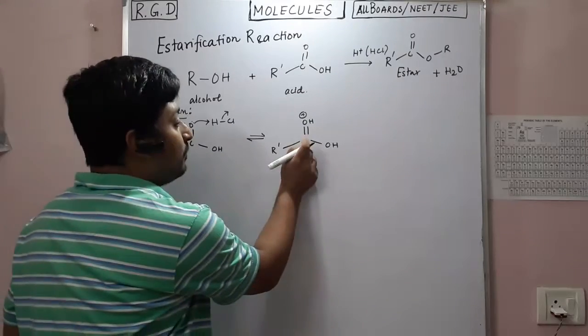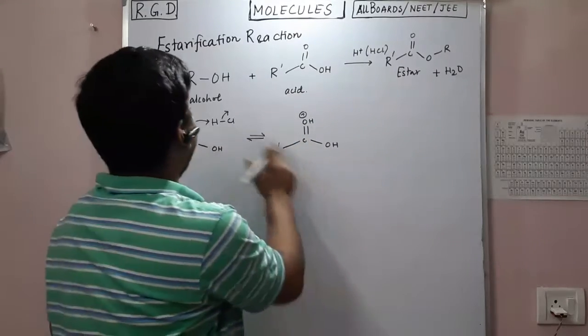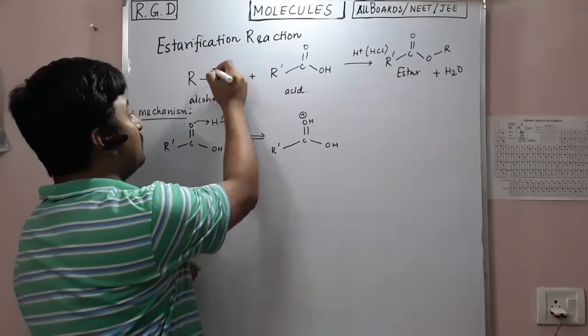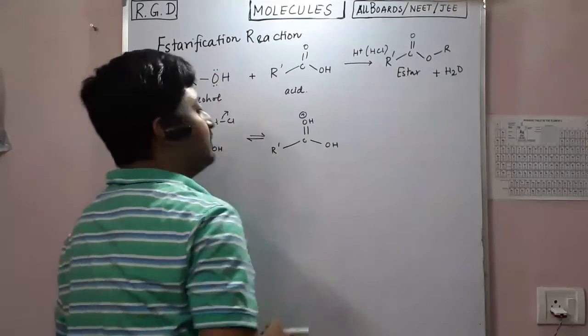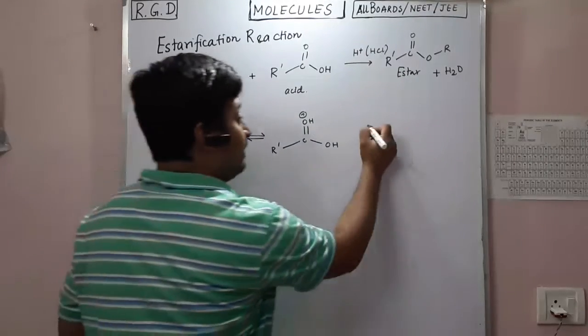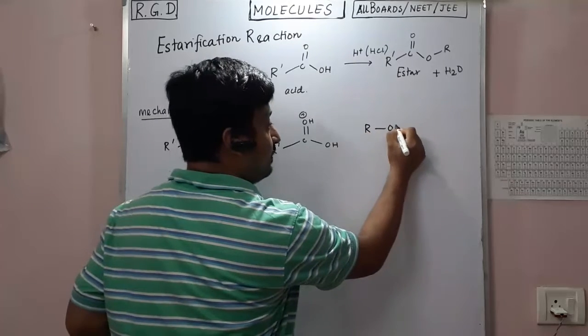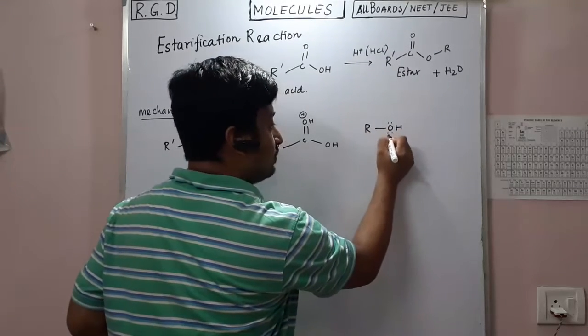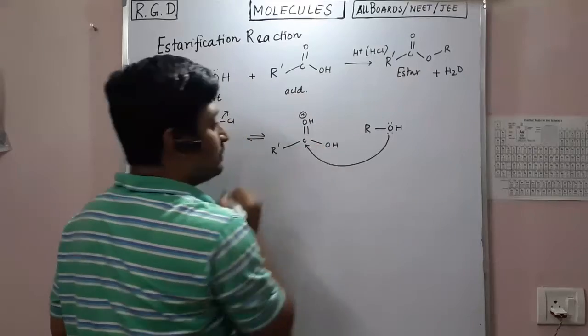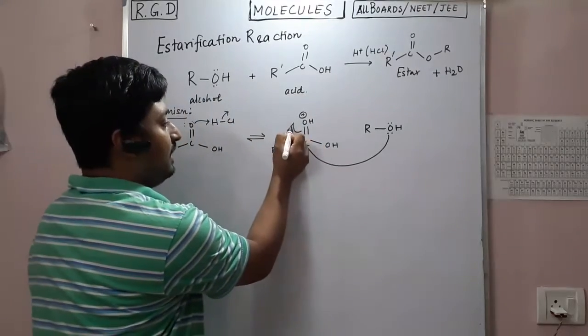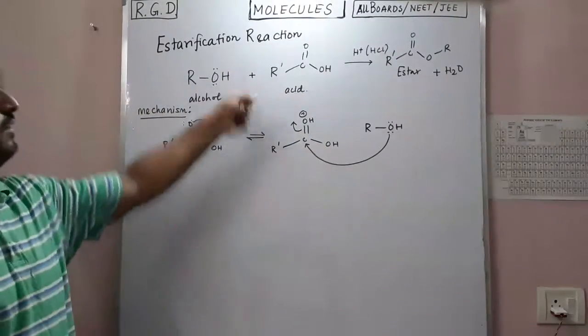Now, in this particular case, this is a very important electrophilic center. And we know an alcohol OH also contains a lone pair of electrons and is a very good nucleophile. So the ROH oxygen will attack this center and open the double bond.